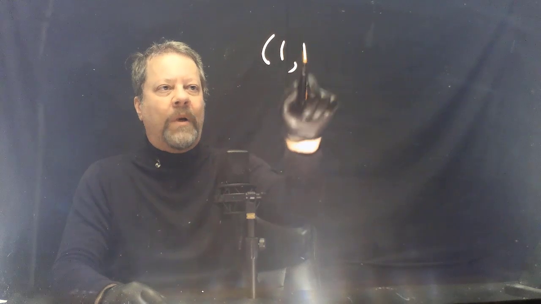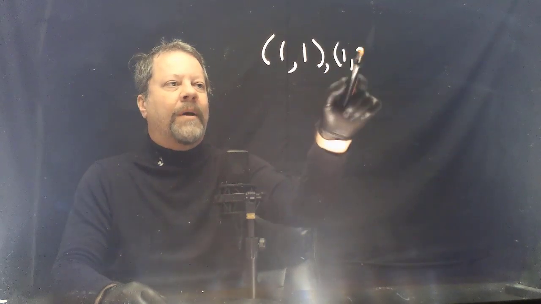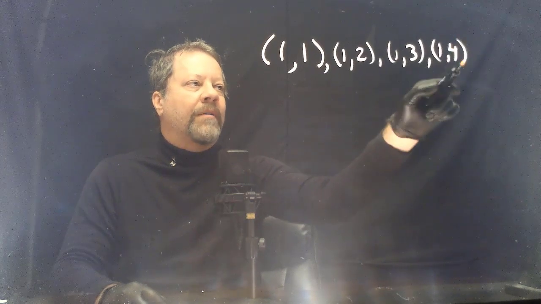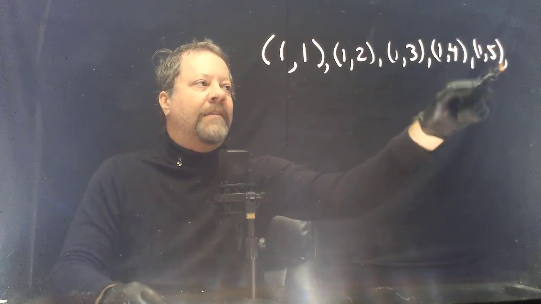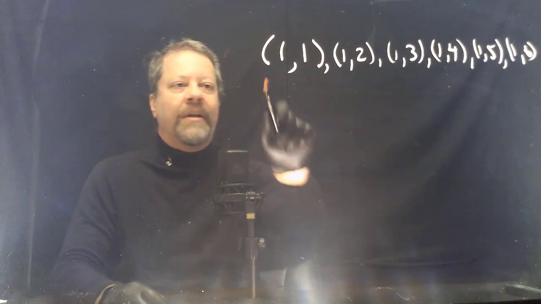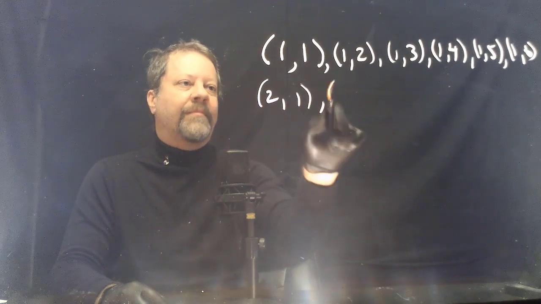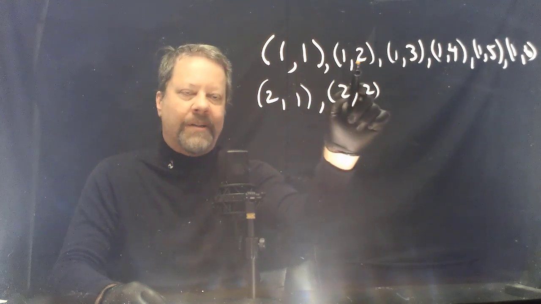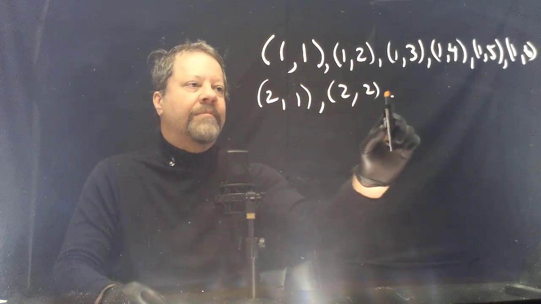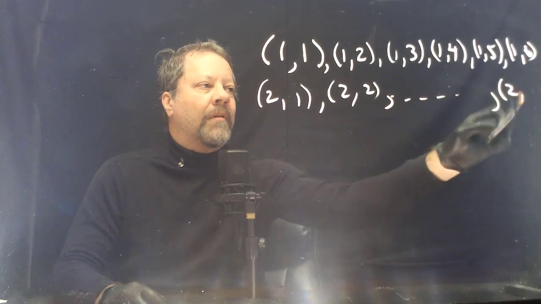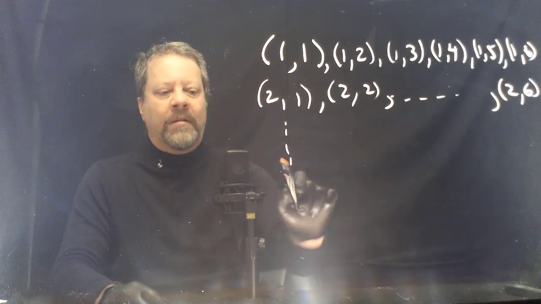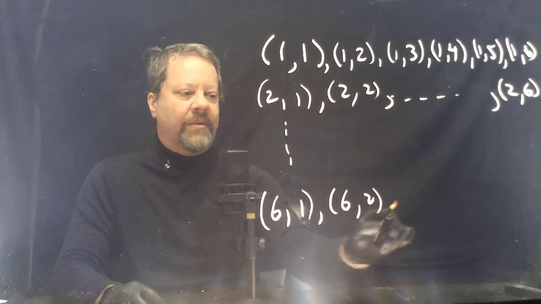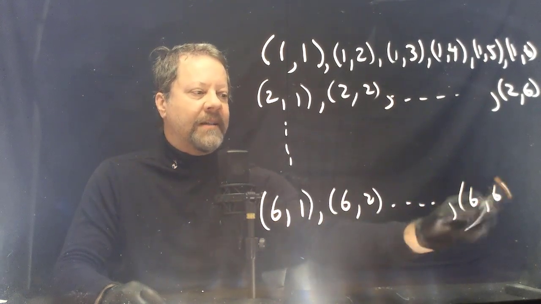You can get a 1 and a 1, a 1 and a 2, a 1 and a 3, 1 and a 4, 1 and a 5, and a 1 and a 6. Then you can get a 2 and a 1, a 2 and a 2. Notice a 2 and a 1 is distinct from a 1 and a 2 by this enumeration. We can keep going until we get to 6 and a 1, 6 and a 2, and 6 and a 6.